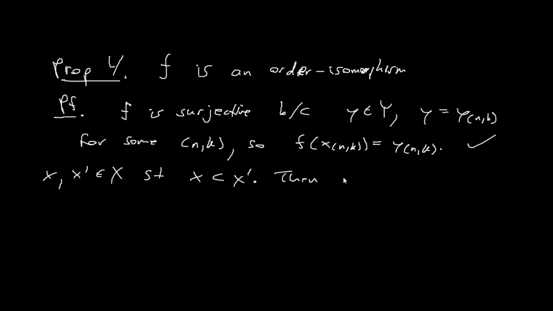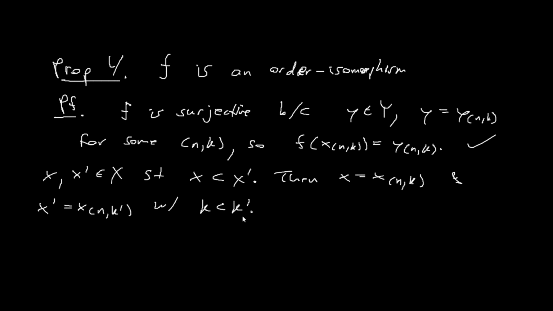Then x equals x_{n,k} and x prime equals x_{n,k prime}, where it has to be, by the nature of our labeling system, k less than k prime.